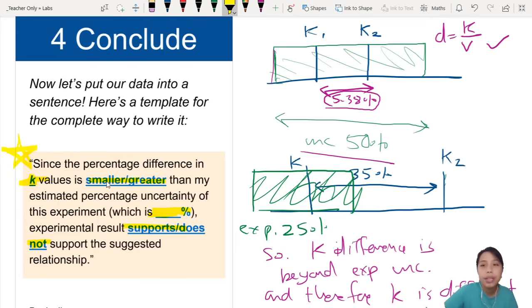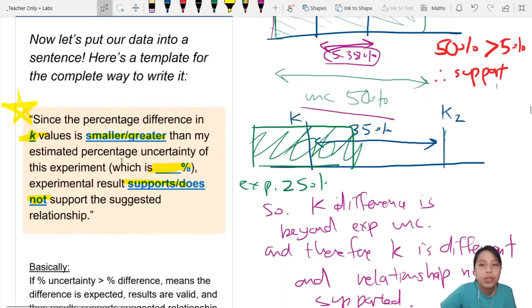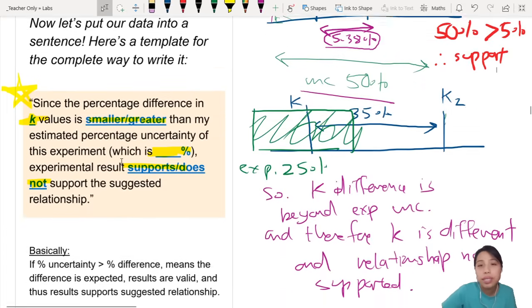You choose depending. So in the first case, your 50% uncertainty is bigger than your 5%. Therefore, you can say it's supported. So you fill in all these values in the blue area. Your results support the suggested relationship.